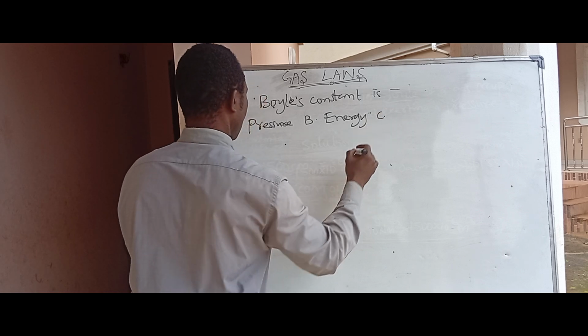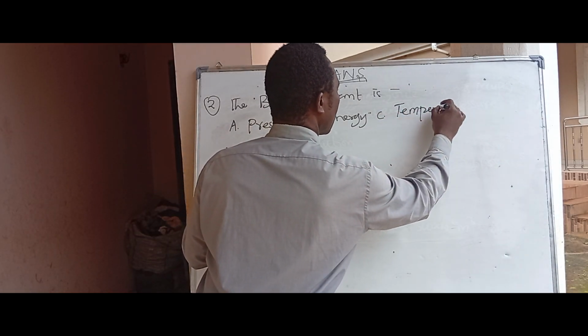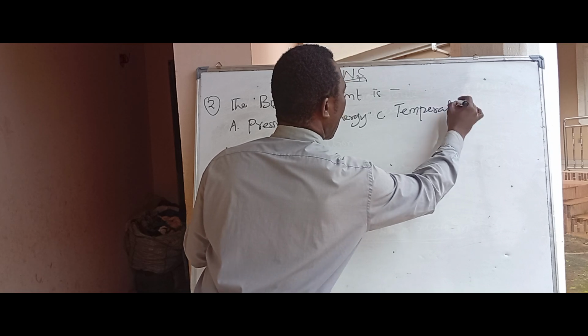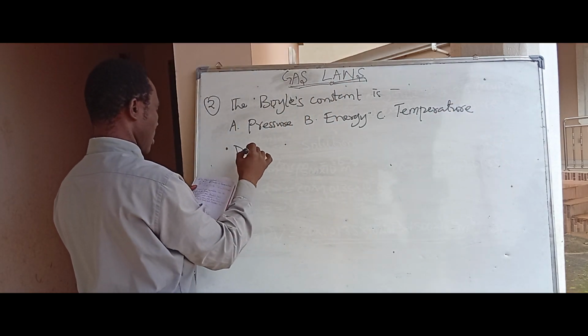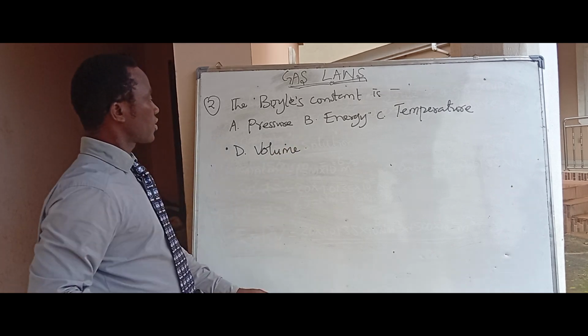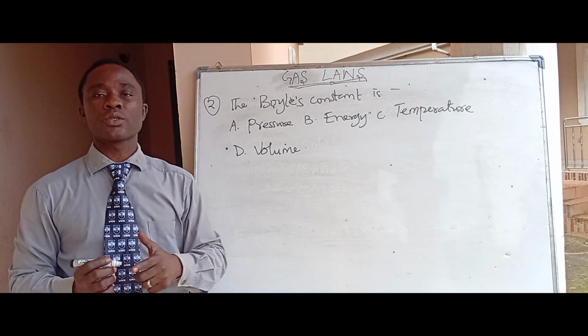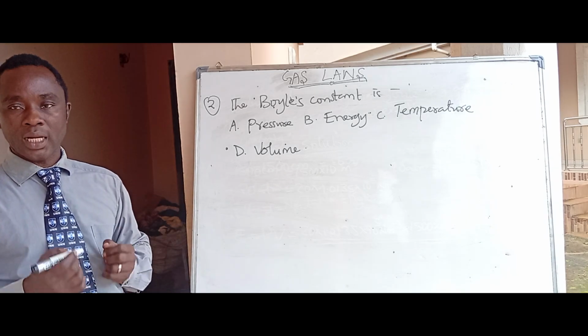Option C, we have temperature. And option D, we have volume. So the question says the Boyle's constant is dash. Which of these options represents the Boyle's constant?